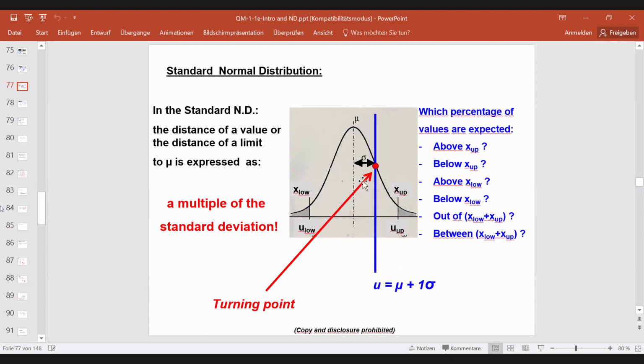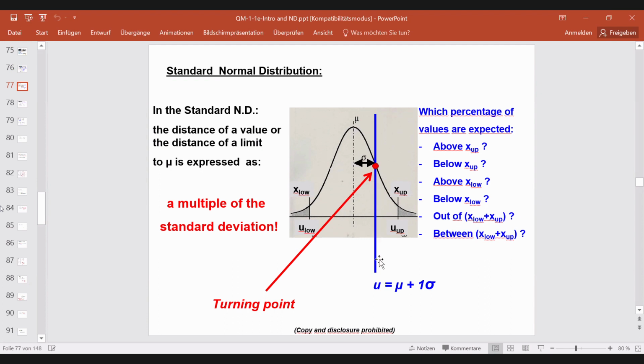So you have the normal distribution, you have the mu value in the middle, and now you can say, okay, if this u is mu plus 1 sigma, it is the turning point here. This distance, this is the u, mu plus 1 sigma. You could do this on the left side, of course, in the same way, then it is mu minus 1 sigma.